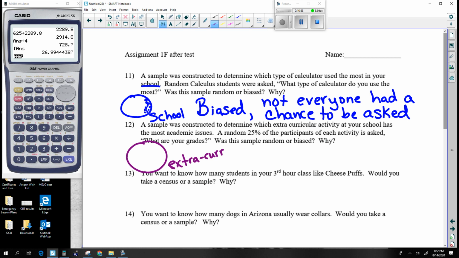A random 25% of the participants in each activity was asked, what are your grades? So 25% of each activity. That gets everybody from the theater kids to the athletes to the anime club and everything in between. So that does get everything. That's a great way of doing it. That's absolutely random.